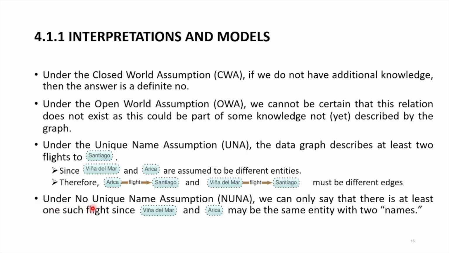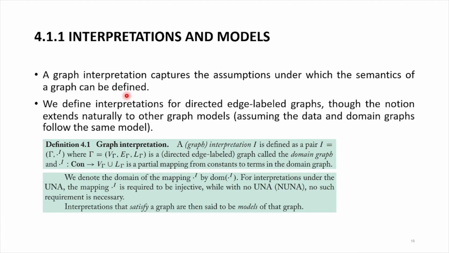Conversely, under no unique name assumption, we can only say that there is at least one such flight, since Vinodemar and Arica may be the same entity with 2 names. These assumptions define which interpretations are valid and which interpretations satisfy which data graphs. A graph interpretation captures the assumptions under which the semantics of a graph can be defined.